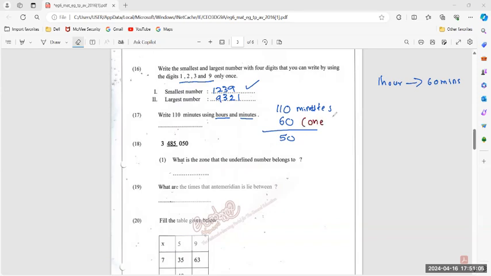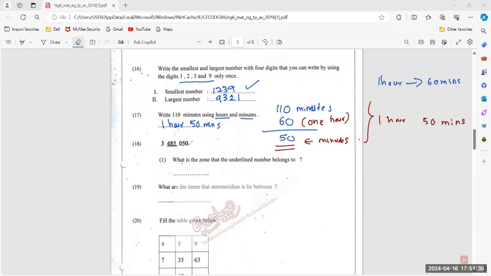So this is 1 hour, right? And this is the minutes. So this 1 hour, I can write it as 1 hour and 50 minutes. So here hours and minutes, right? So 1 hour, 50 minutes.